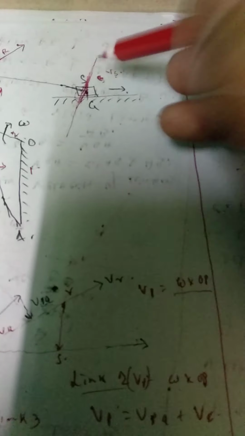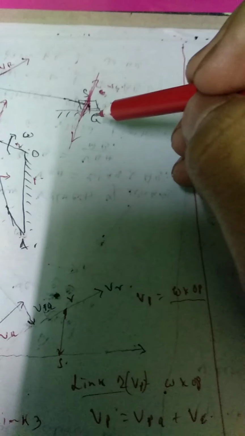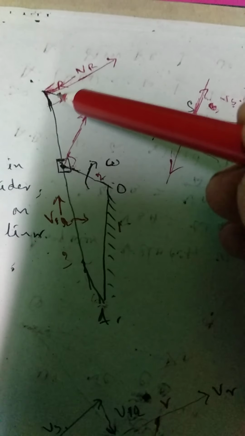Now it can be in this or this direction, which we do not know. This link is moving in the clockwise direction with angular speed omega, and this point R is also moving in the clockwise direction.